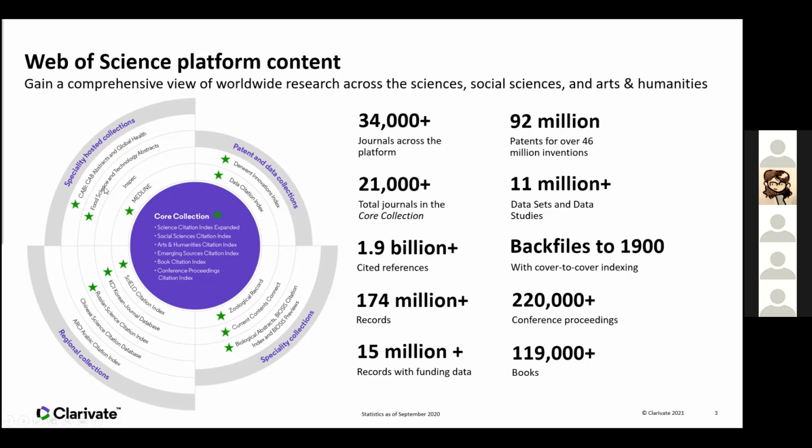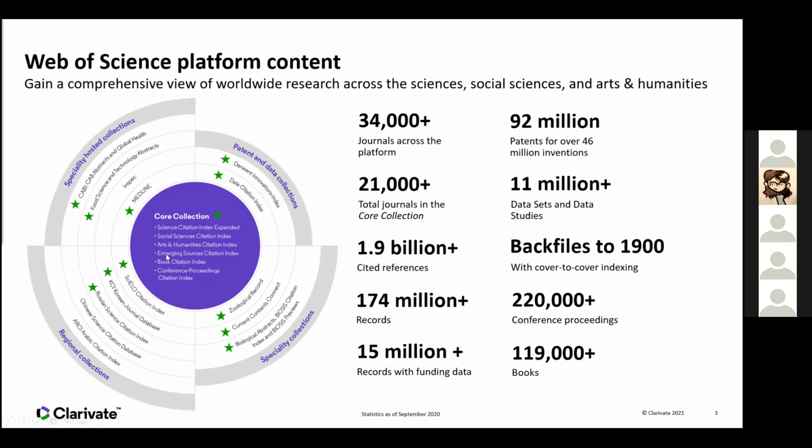And then at the heart of the platform is our Web of Science Core Collection, which is a searchable database of records and citations to literature from over 21,000 journals, covering content back to 1900. We also have conference proceedings, books, and more. So a lot of content within the core collection.